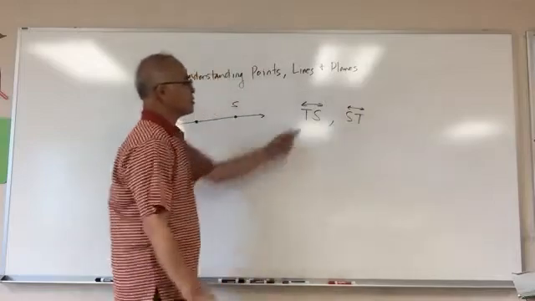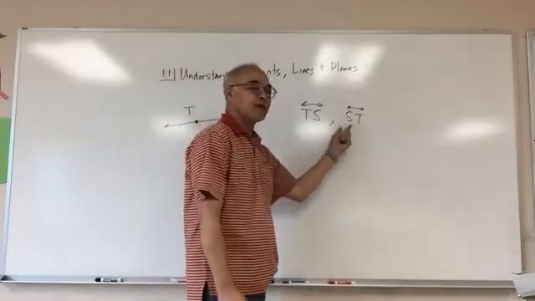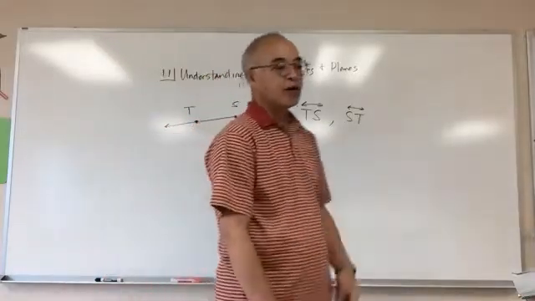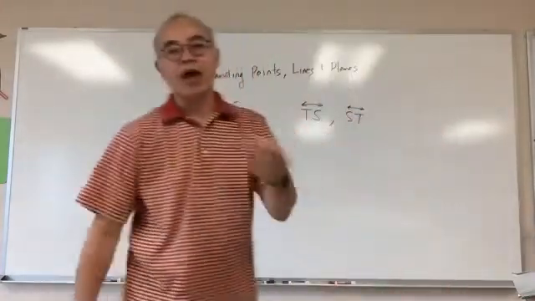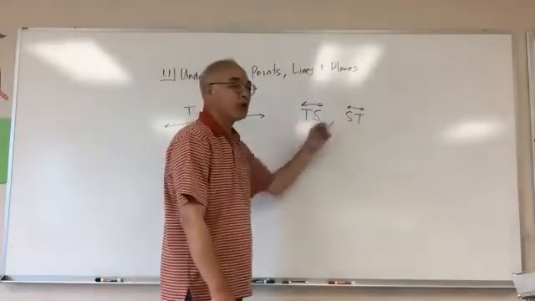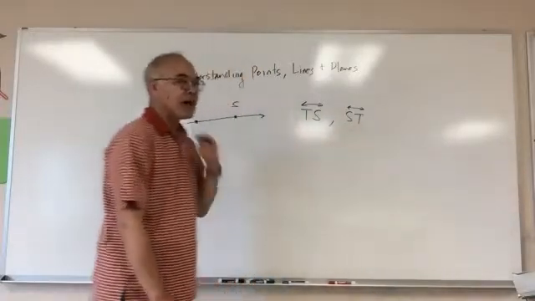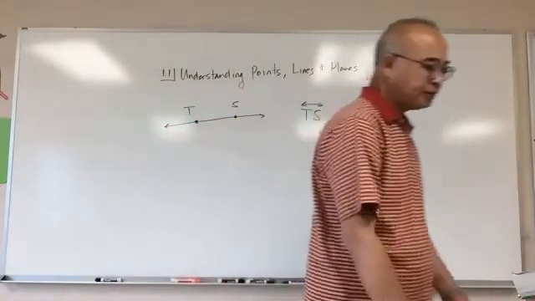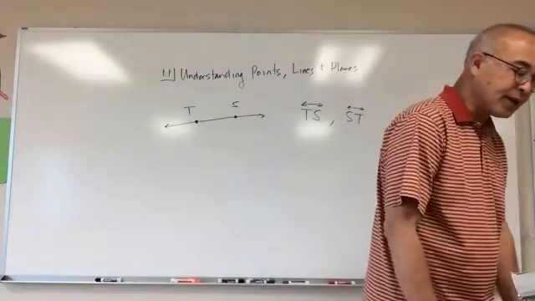In other words, the order does not really matter. They're the same. We will talk later pretty quickly about a thing called a ray. When we talk about a ray, there is an order, but for a line, there really is no order.